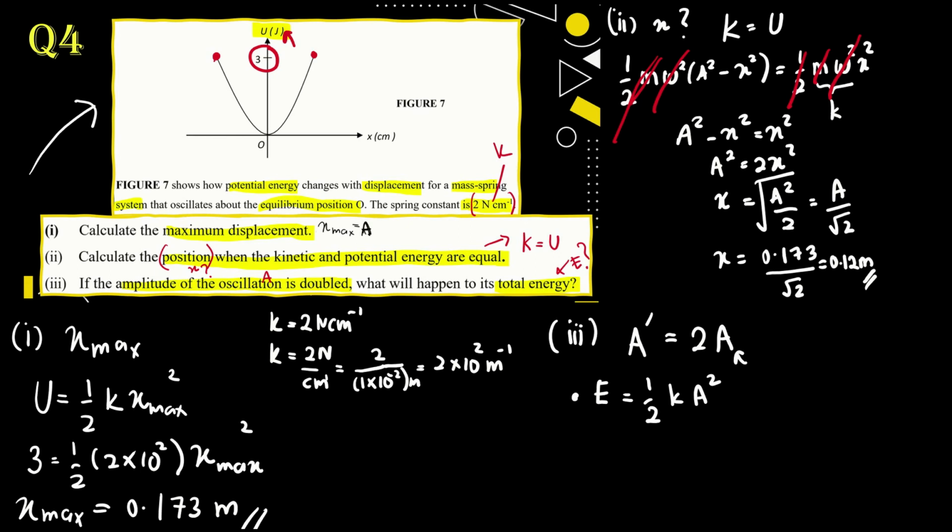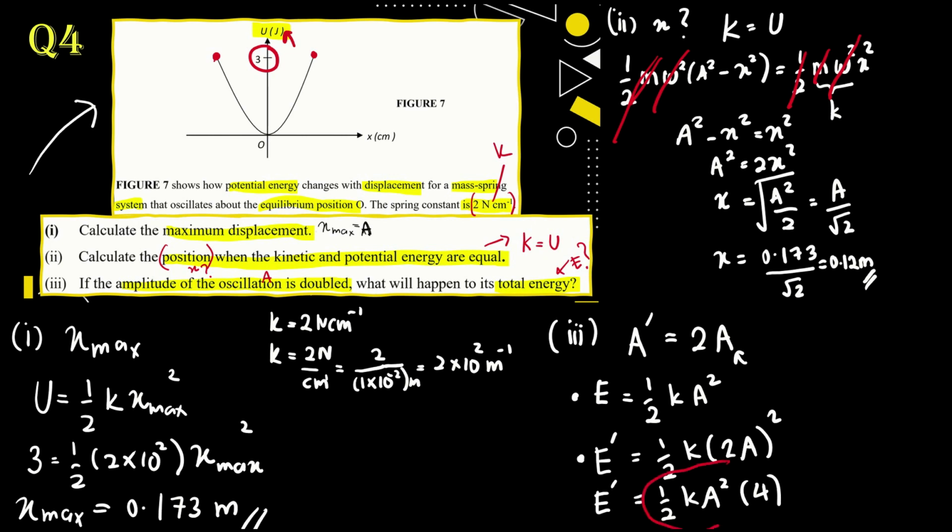If our A is doubled, we are going to have our new total energy equal to half K (2A) squared, which is equal to half K A squared times 4. Half K A squared here is equal to E.